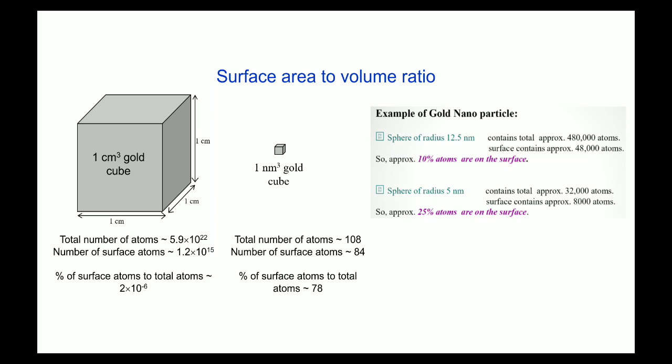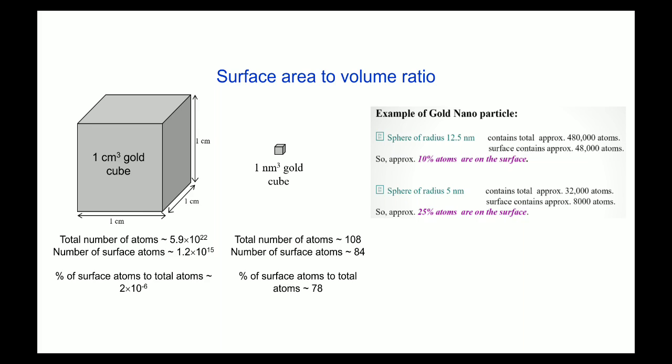Now suppose we start to reduce the size of this gold cube, and keep in mind that the volume is reduced to 1 nanometer cube. The size of the cube has been reduced from 1 centimeter by 1 centimeter by 1 centimeter to 1 nanometer by 1 nanometer by 1 nanometer.